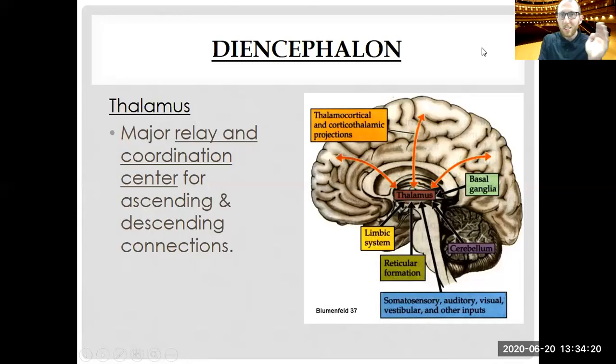Moving forward, we've got the diencephalon again, focusing this time on the thalamus. And again, we call it the relay center of the brain, or the coordination center for a majority of the ascending and descending connections. So remember those ascending pathways and the descending pathways from the spinal cord.